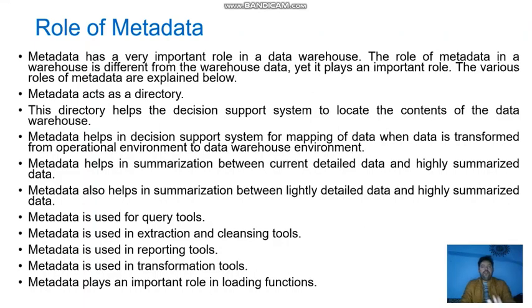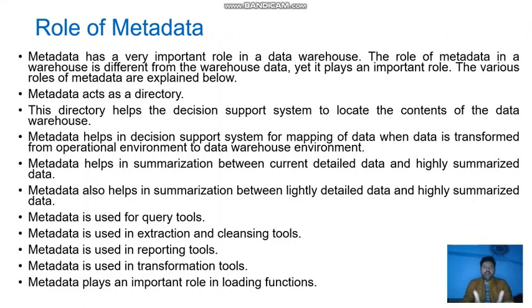Now, what is the role of metadata? Metadata has a very important role in a data warehouse, which is different from the warehouse data. The various roles of metadata are explained here. It acts as a directory, which gives information about the data warehouse, and helps the decision support system to locate the contents of the data warehouse.